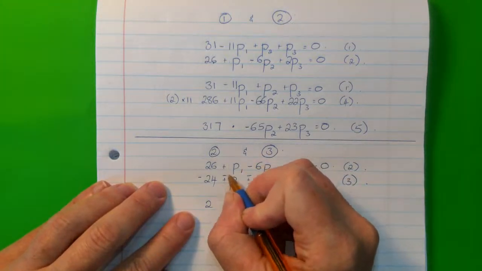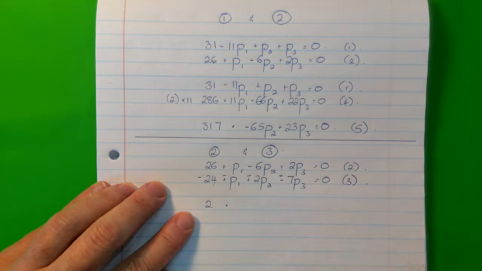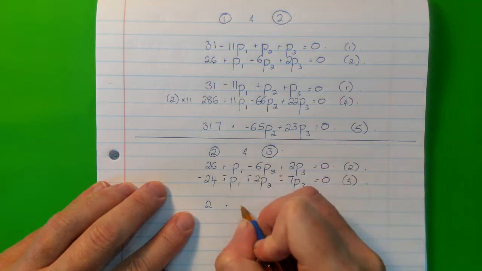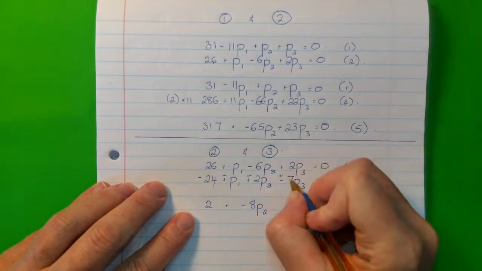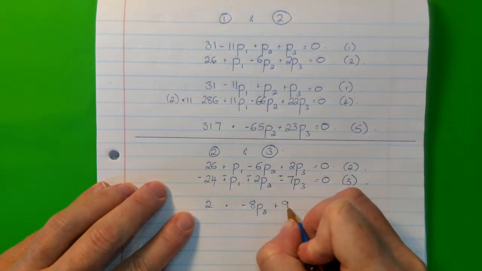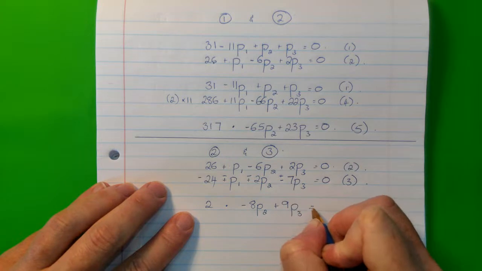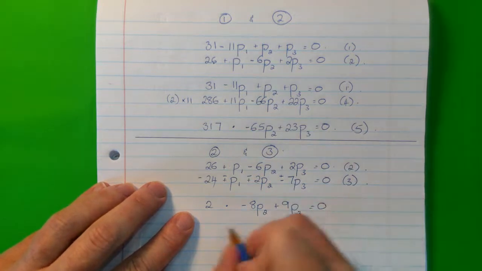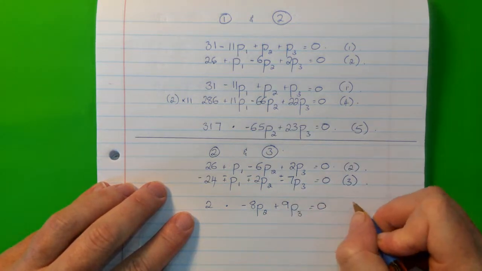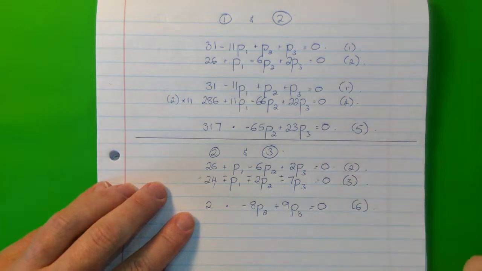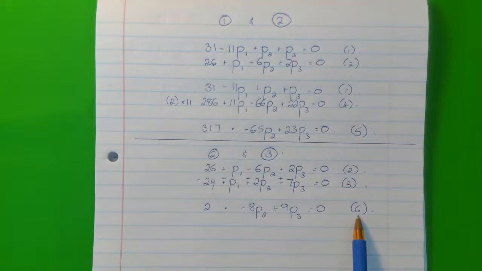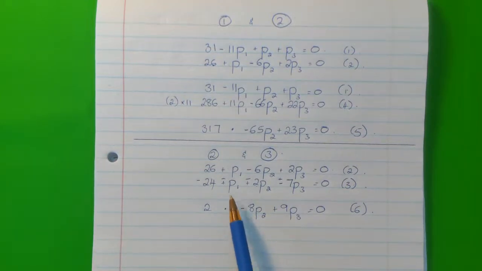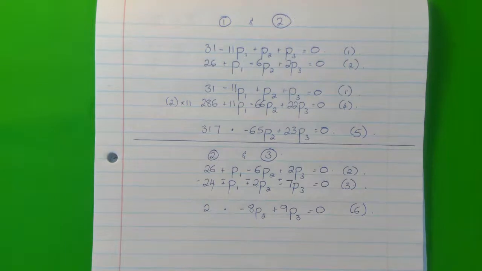P1 plus 1 minus 1, these cancel out. Minus 6 minus 2, you get minus 8 P2. Plus 2 plus 7, we get plus 9 P3 equals 0. And we can call this equation here number 6. And you can see again what we end up with is an equation with just P2 and P3 in it. We have successfully eliminated P1.